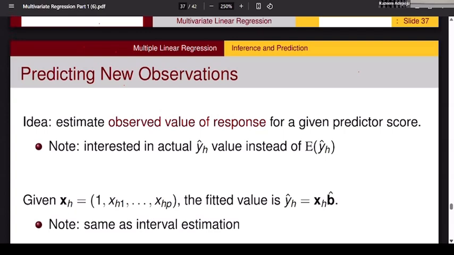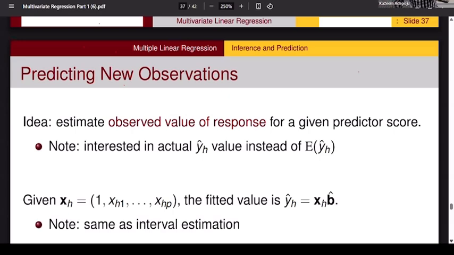For the average, I gave you the formula for the point estimate, the interval estimate, and the formula to conduct hypothesis testing. But now I'm not interested in the average anymore. I want to talk about prediction for an individual, for one person.